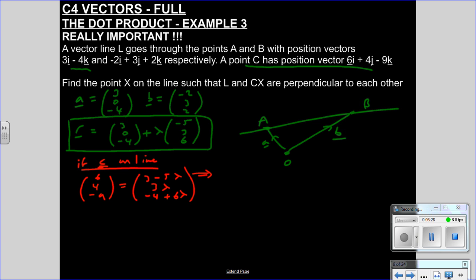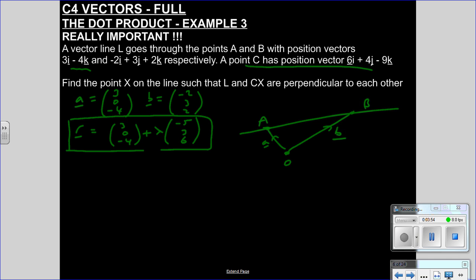I can see straight away that the top line, 6 take 3 is 3, divided by minus 5, lambda is minus 3 by 5. Can you see? Middle line, lambda is 4 by 3. Straight away these two are different, and therefore C can't be on the line. It can't be on the line if you've got different values of lambda. So there's our quick verification that C is somewhere else.